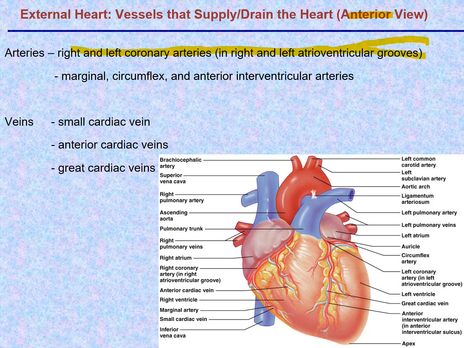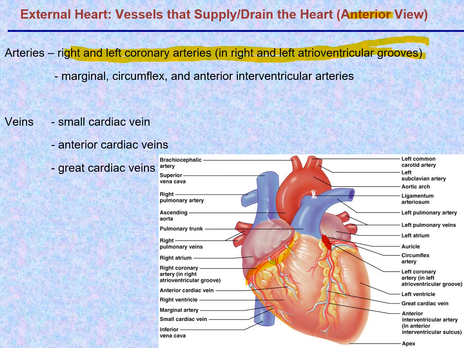I would want you to learn the major right and left coronary arteries here, here, and up here. It splits, of course, once it gets to this point here.